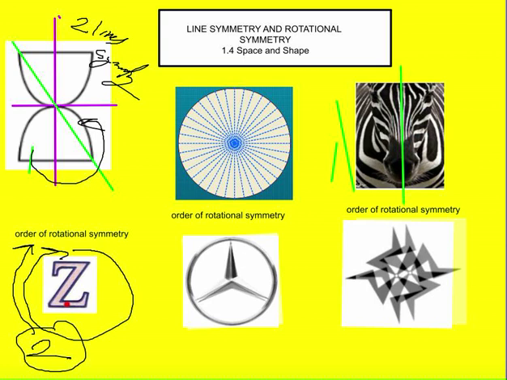During a full rotation, there are 3 moments when this sign has perfect rotational symmetry. So therefore, the order of rotational symmetry is 3.